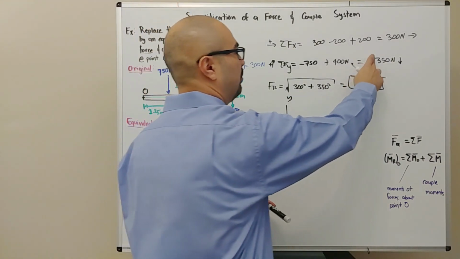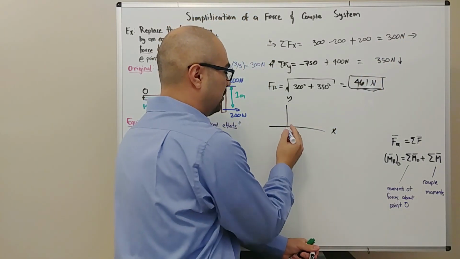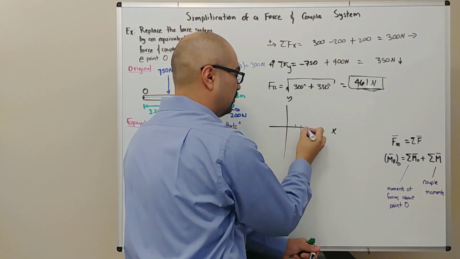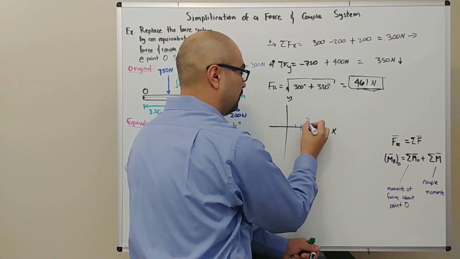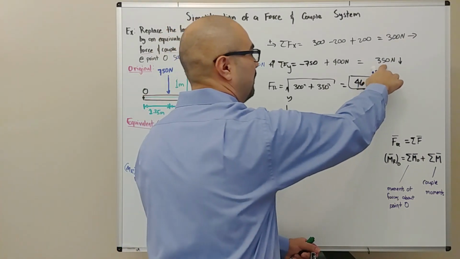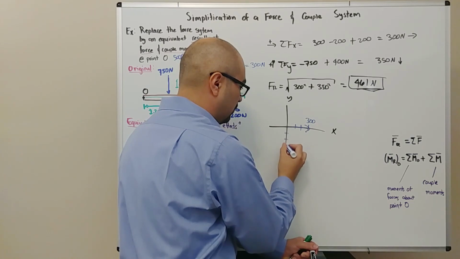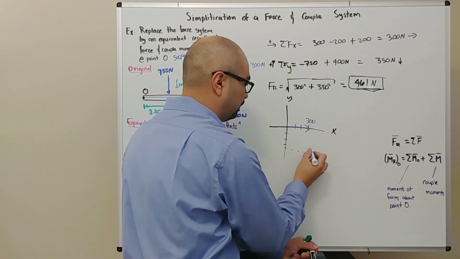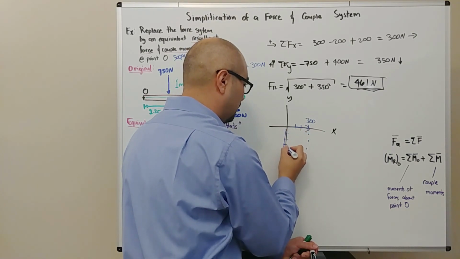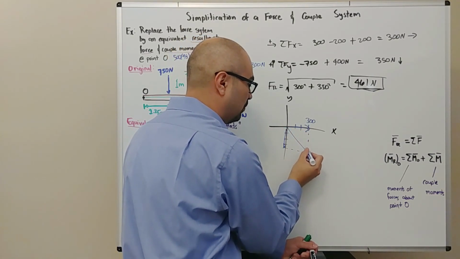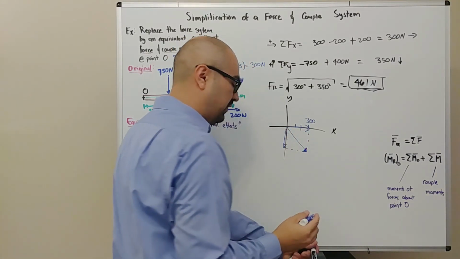And actually go ahead and plot or draw these two components. So 300 to the right, 1, 2, 3, roughly somewhere here, 300. We have 350 going down, so 1, 2, 3 and a half. This is the y component, and so where the two lines meet, that's our resultant.